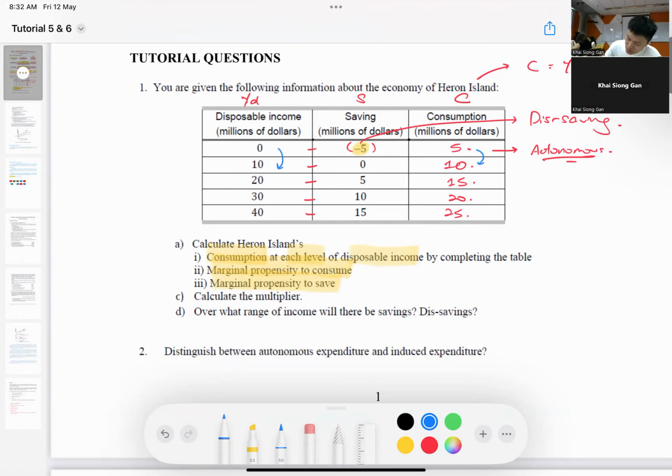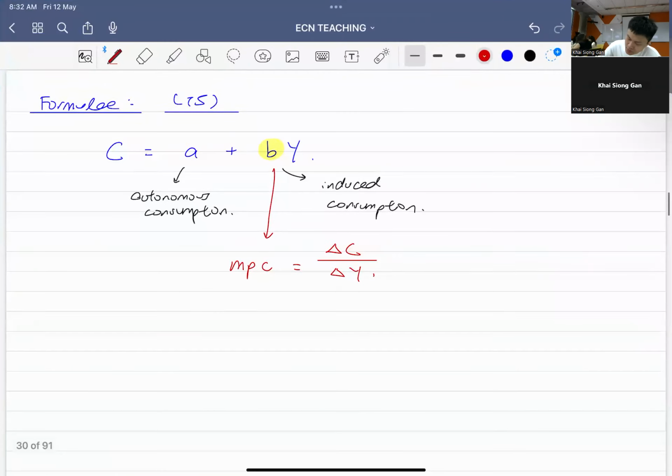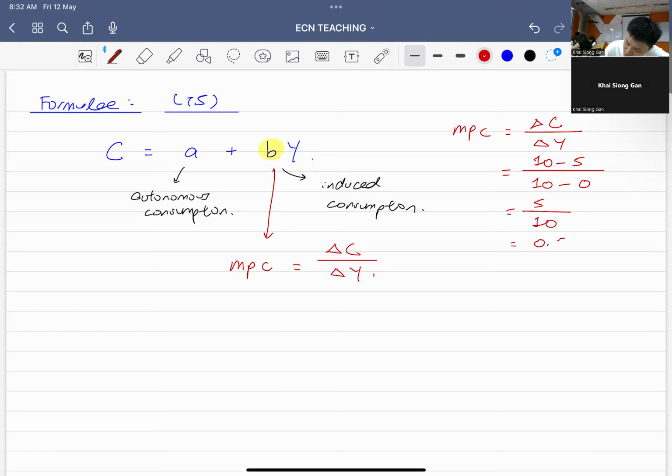So I can just write: marginal propensity to consume equals change in consumption over change in income, equals 10 minus 5 as a proportion of 10 minus 0. And what do you get? You get 5 out of 10, and then you get 0.5. That's the answer for number 2.